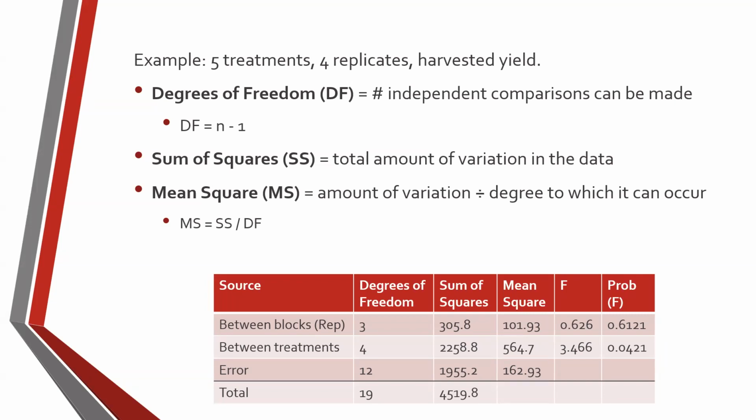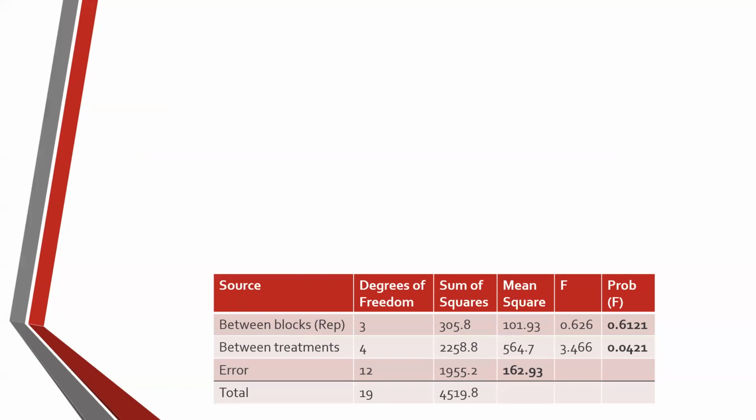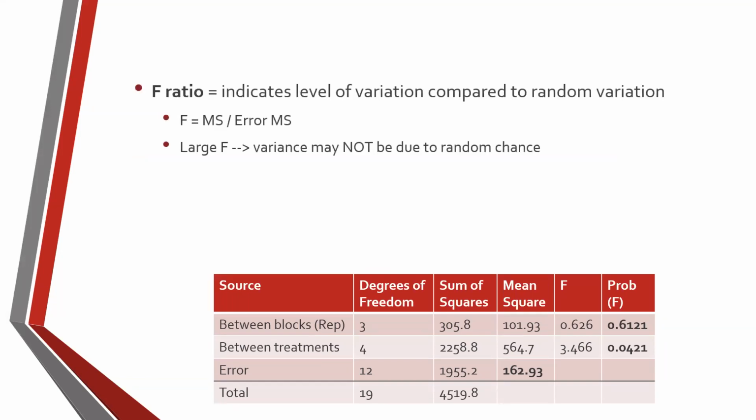So we're taking the amount of variation and dividing it by the degree to which it can occur.